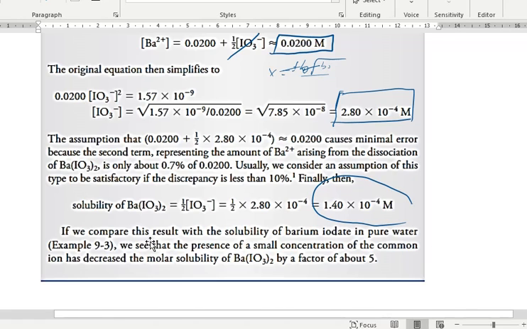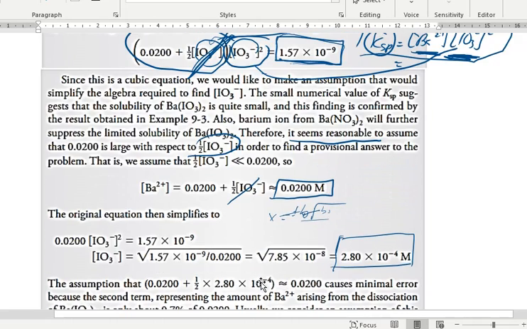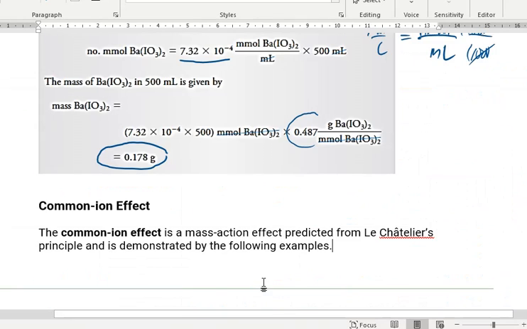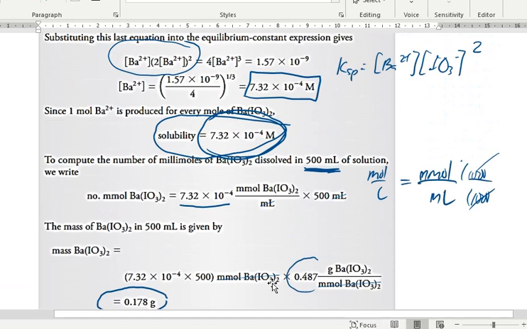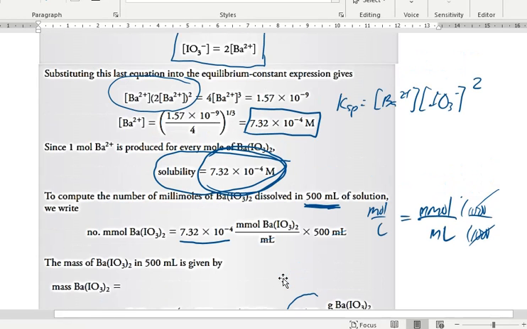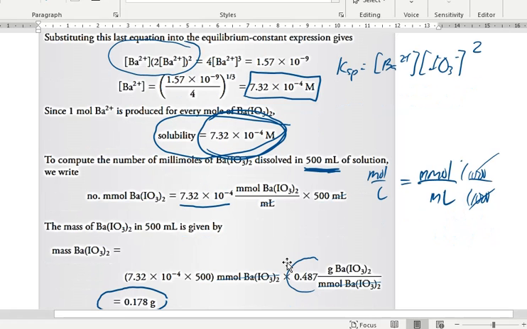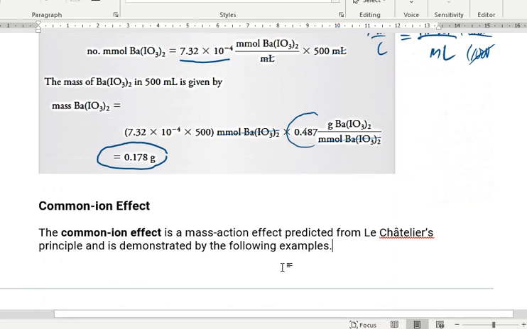And if we compare this result with the solubility of barium iodate in just pure water, the molar solubility in pure water earlier was 7.32 times 10 to the minus 4.